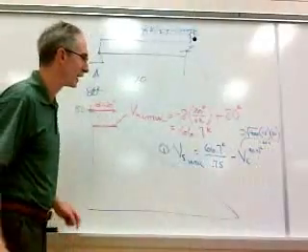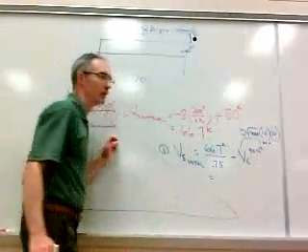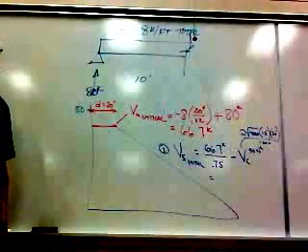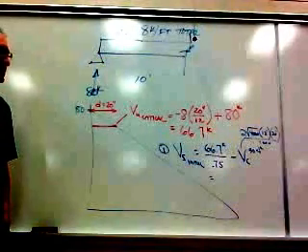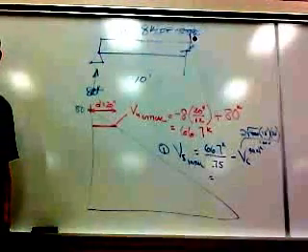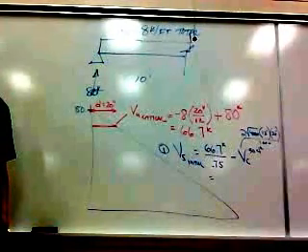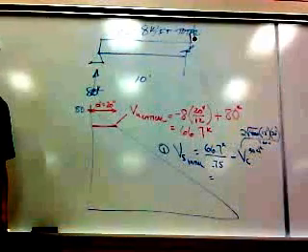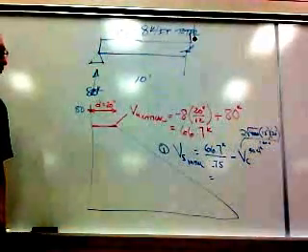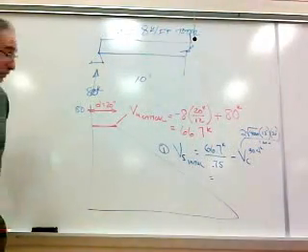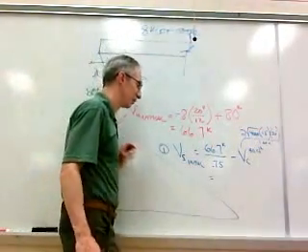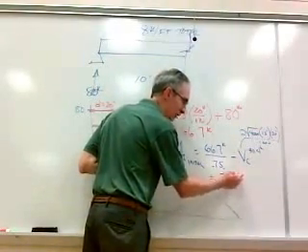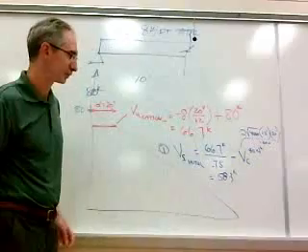Okay, so Vs initial comes up to be what? 58.23, call it 58.3 kips.